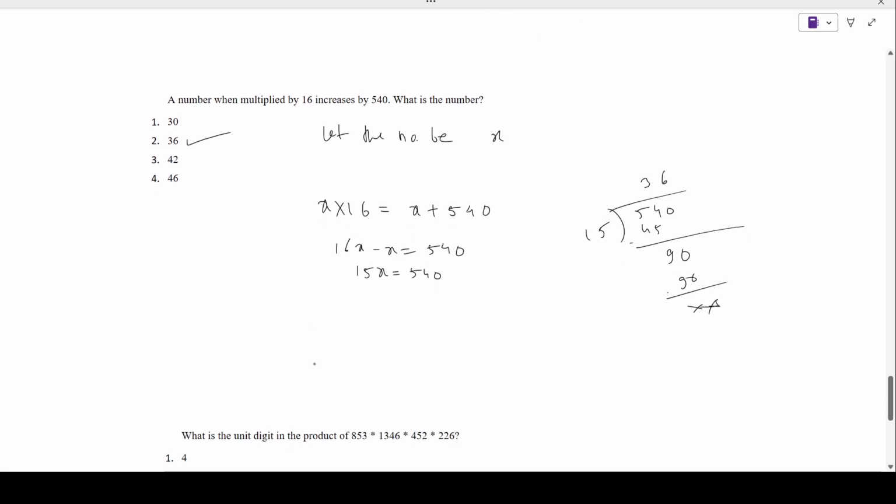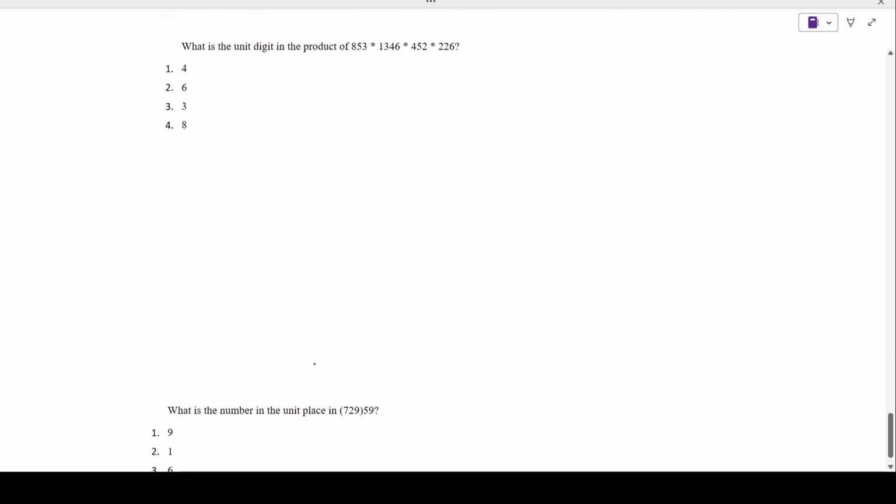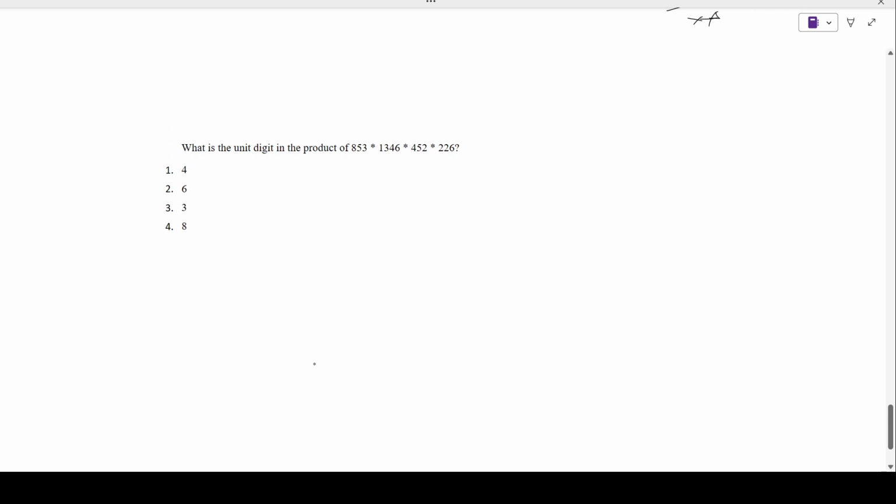Moving on to the next question. What is the unit digit in the product of 863 multiplied by 1346 multiplied by 452 multiplied by 226? When you are asked a question like this, you have to multiply all the digits in the unit place, and whatever number comes, the unit place of that number will be the answer.